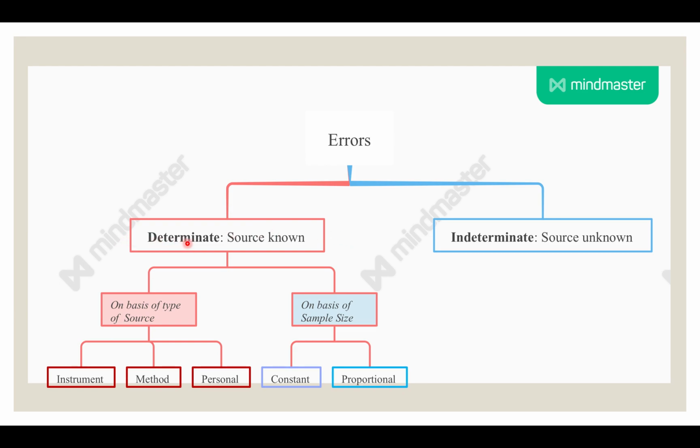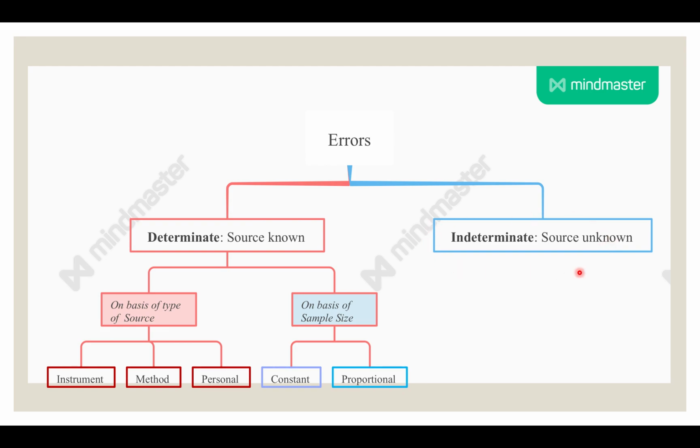So whenever the errors are such that we are able to know from where that error is coming, then we classify them under the category of determinate error. However, indeterminate errors are the ones where we are unaware of the source from which they are coming.